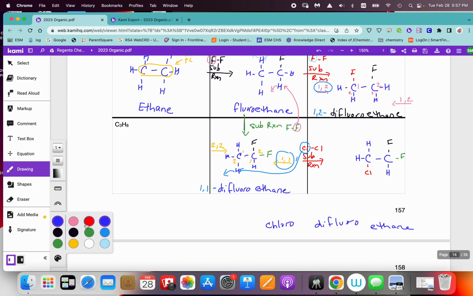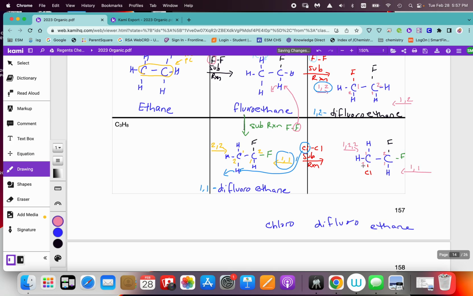Okay, so these are the things that I need to show in this question. I need to do my numbering left to right. So here we go. This would be carbon 1 and this would be carbon 2. Well, on carbon 1, I have a chlorine. So that's carbon 1. And then the 2 fluorines would be on carbon 2 left to right. But I take a look at this right back to the left. I renumber. This is now carbon 1 and this is carbon 2. Well, my black fluorine is on carbon 1. Green fluorine's on carbon 1.